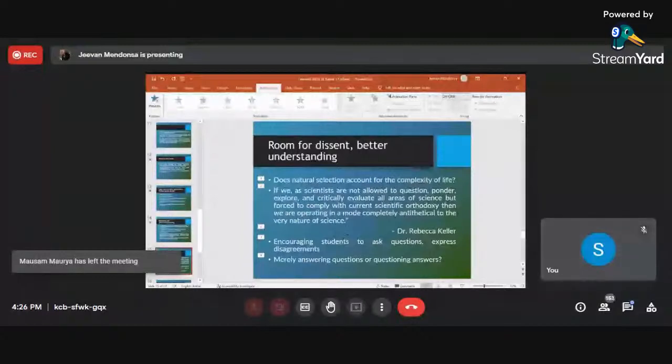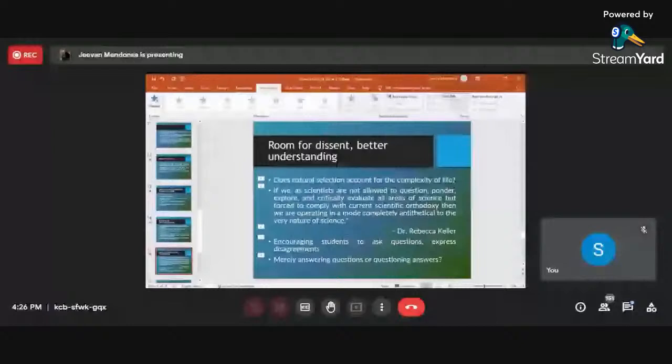There should be room for dissent, and those who are expressing dissent need to give good arguments, adequate justification, or at least some justification for thinking whatever they are thinking. And that will produce knowledge. When there is dissent, when there is difference of opinion, that can produce much better knowledge.